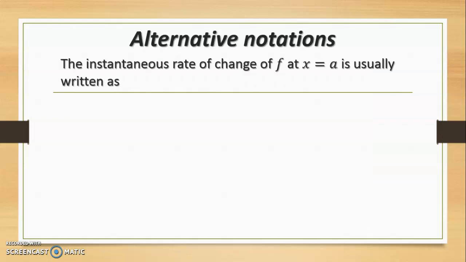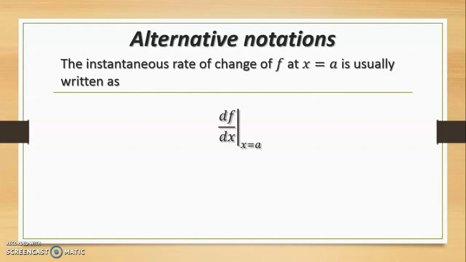Alternative notations. So there are different ways of writing derivatives or limits or instantaneous rates of change. The instantaneous rate of change of f at x equals a is usually written as df over dx calculated at x equals a. So this is what we would call the Leibniz notation.